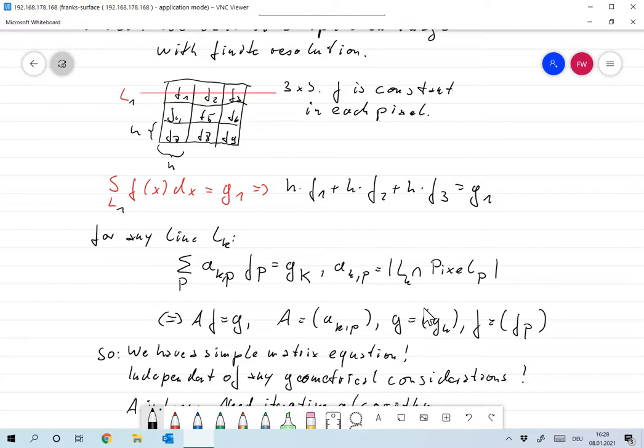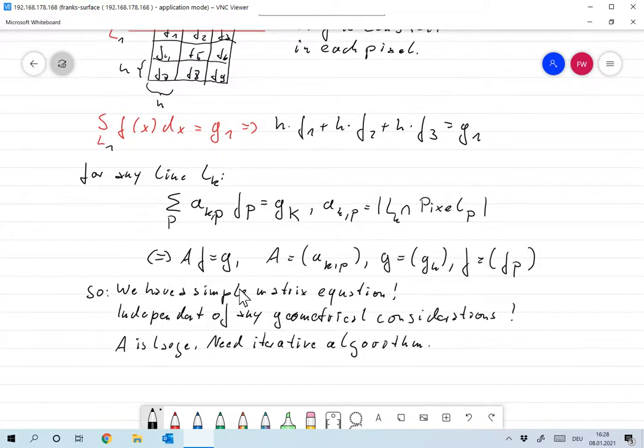But anyway, we can solve it, and we get an approximation of f which discretely satisfies our measurements, which sounds great. This is completely independent of any geometrical considerations. You can measure along any lines you like, and this algorithm is still going to work.